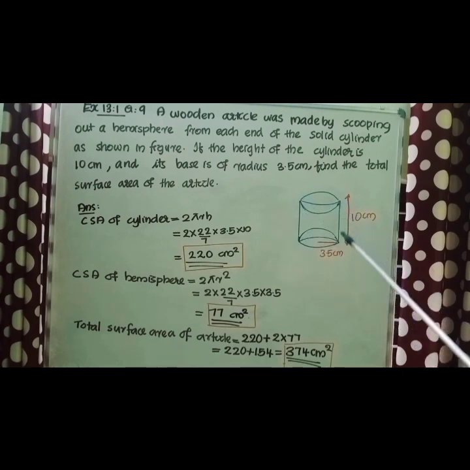It is a cylinder and two hemispheres are scooping out from each end. So we can see in this article the curved surface part of the cylinder and two hemispherical shapes on both ends. So to find the total surface area of this article, we need to find out the curved surface area of the cylinder and curved surface area of two hemispheres.